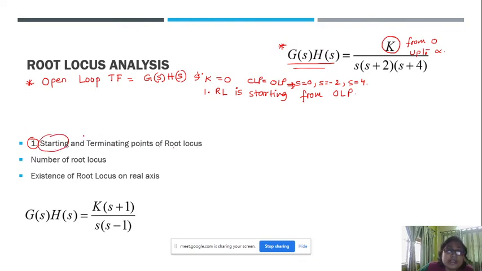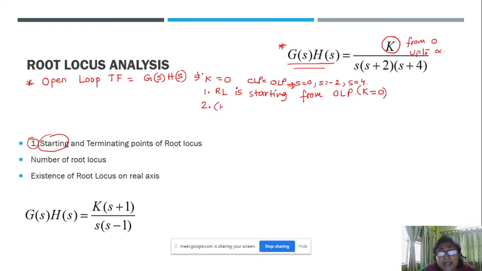And what is the terminating point of root locus? We know we will draw the root locus by varying the value of k up to infinity. So, when the value of k is tending to infinity, it means that the root locus is terminating at either an open loop zero or at infinity. So, what to remember? That is for k equal to 0.